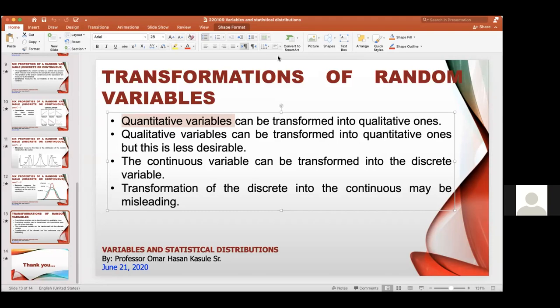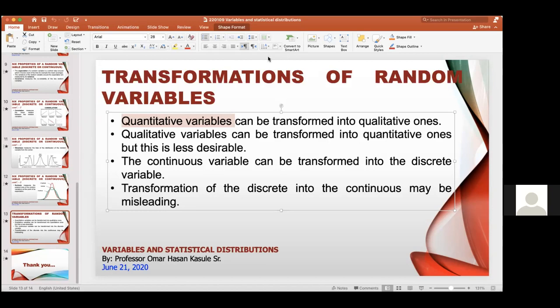Now, the quantitative variables can be plotted on a graph. And when you plot them, the figure that you get is called a statistical distribution. Now, each variable has a different distribution. And each distribution uses a different statistical test.